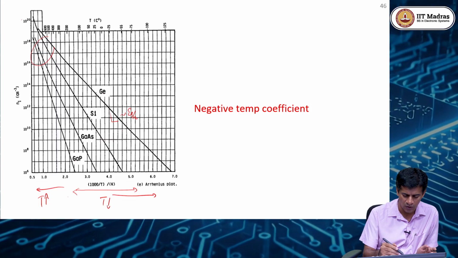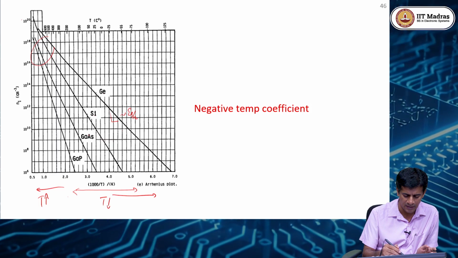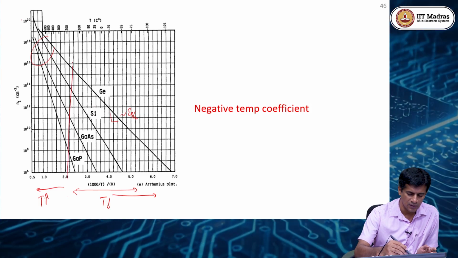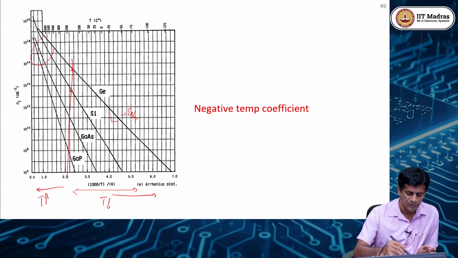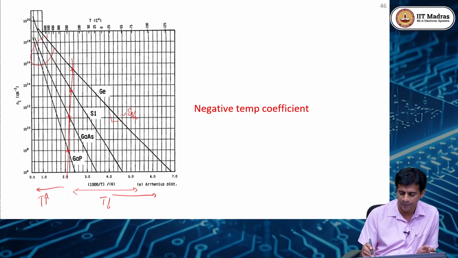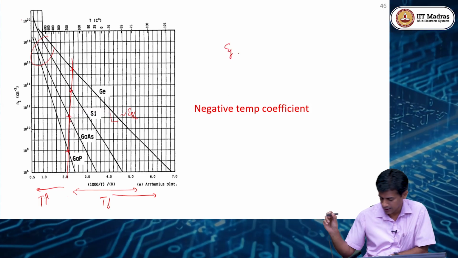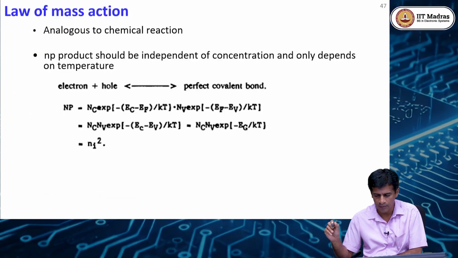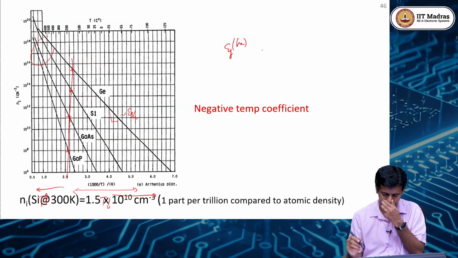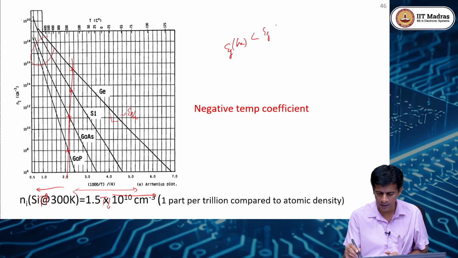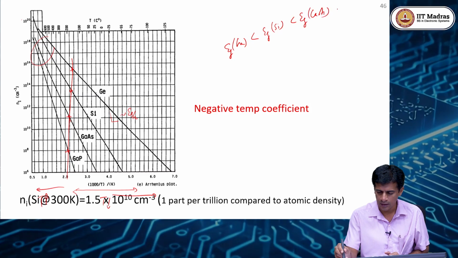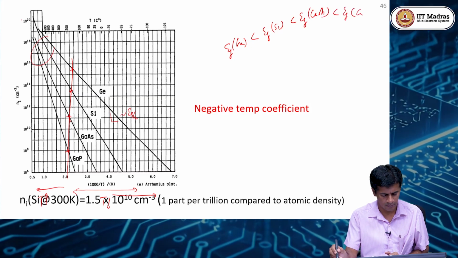You can see germanium at the top, silicon next, then gallium arsenide. At any temperature, if I take a line like this one, it cuts germanium first, then silicon, then gallium arsenide, then gallium phosphide. The reason comes from the band gap. The band gap of germanium is less than that of silicon, less than that of gallium arsenide, less than that of gallium phosphide.